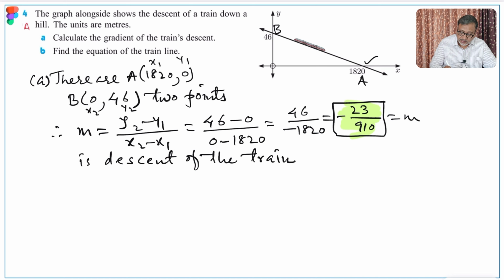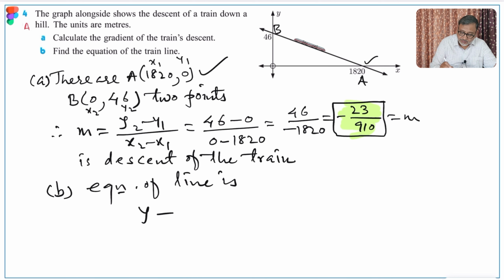So therefore in the B part, equation of line is y minus y1. I am using point B as I told you just now, 0 comma 46, because small values.